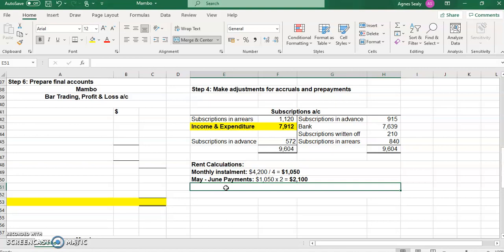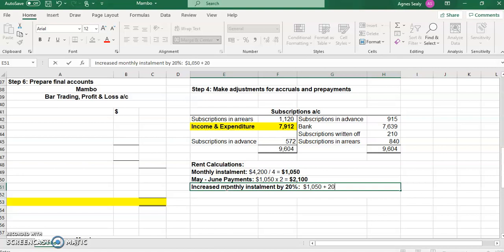Now we have to increase our rent. Increased monthly installment by 20%. So that would be $1,050 plus 20%.